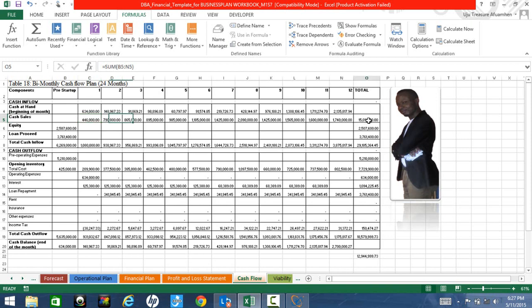This is the total summation of everything you have here. That's the cash at hand, beginning of month, based on our projection down to the last. Then our cash sales is also clear, coming from the forecast table down to the last. Okay, good. So we don't have any problem with what we have here. This is clear to us.